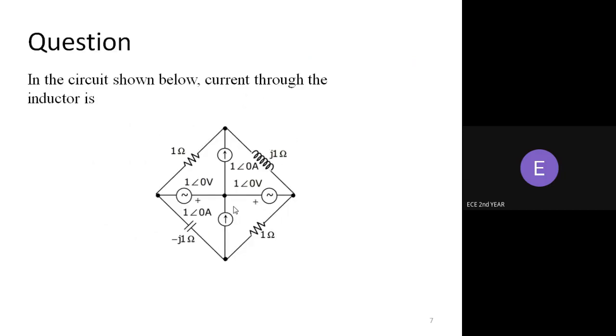So we will go through some problems. In this given circuit, calculate the current through the inductance. Here we need to calculate the current flowing through the inductor.